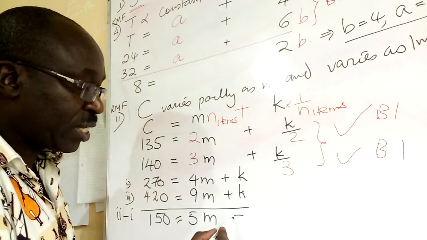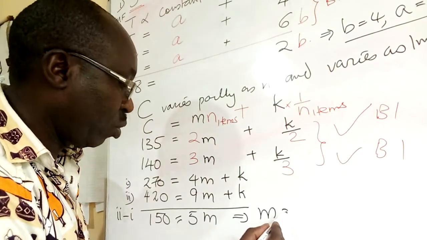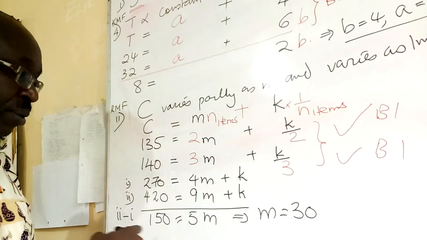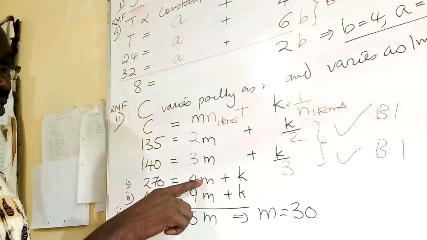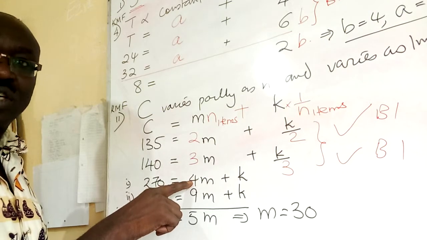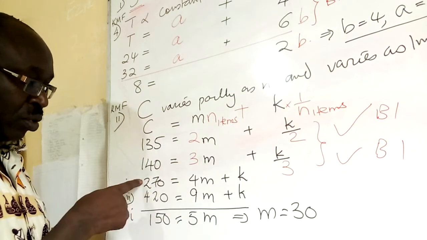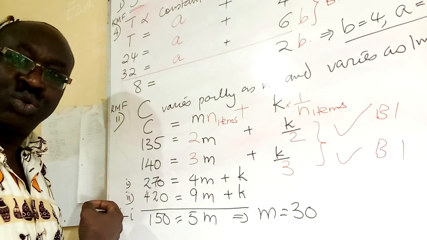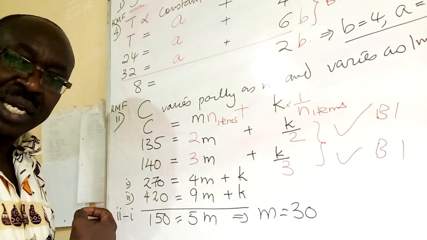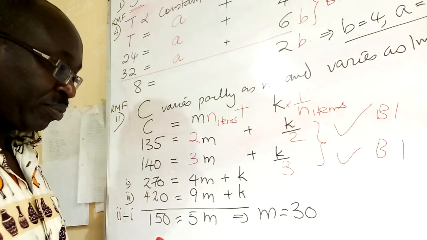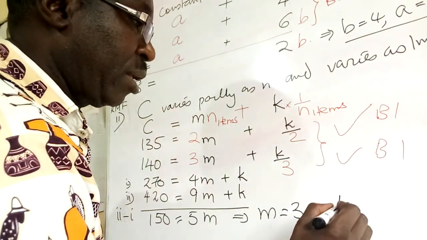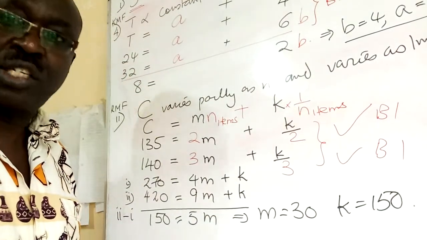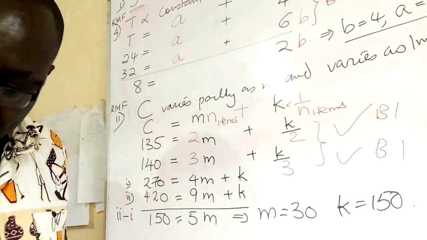Now, this tells us m is equal to 30. If m is 30, 30 times 4 is 120. 270 minus 120 tells me k is equal to 150.